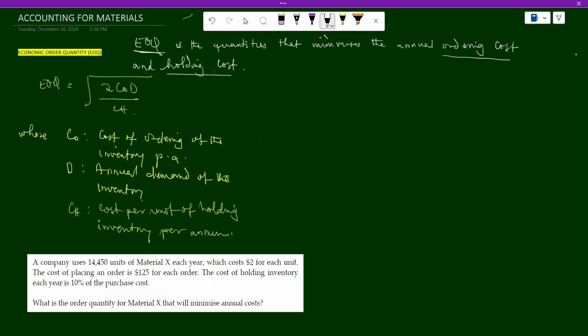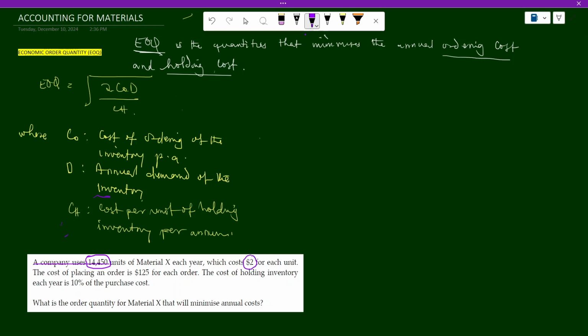Okay, for you to look at this question down here. The question says that a company uses 14,450 units of material X each year, which costs $2 for each unit.